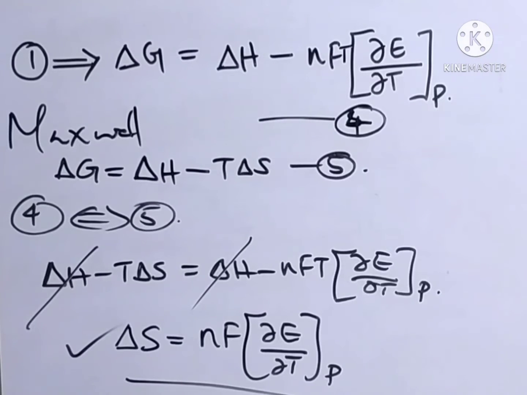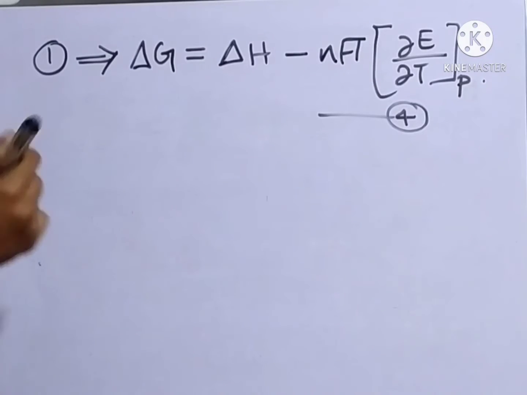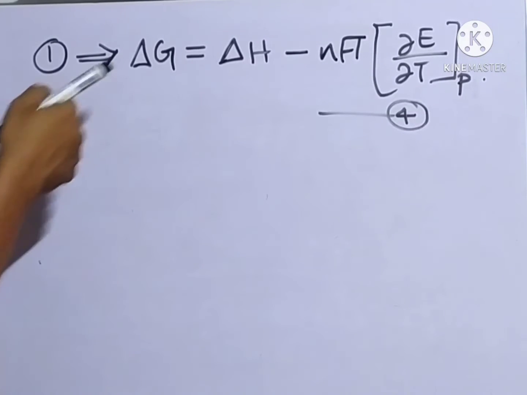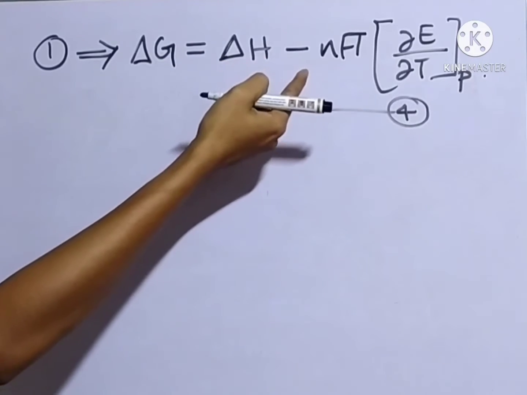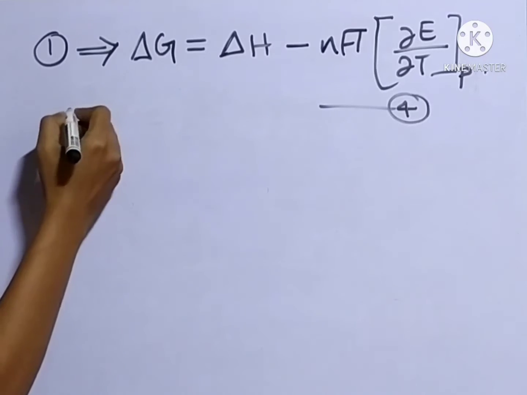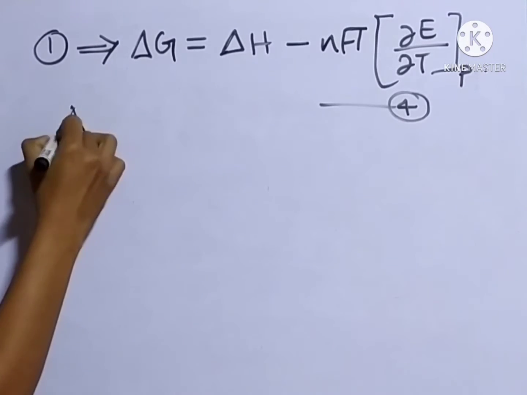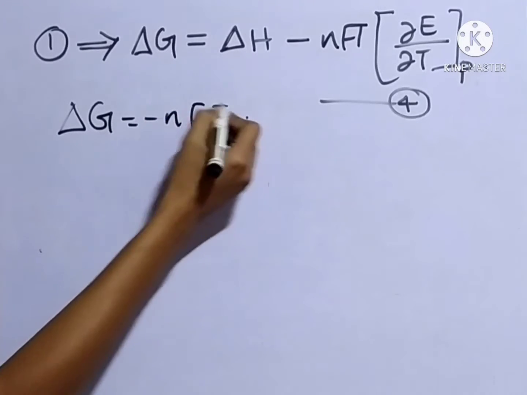Now we can represent the enthalpy in terms of EMF. Enthalpy in terms of EMF can be derived from the equation delta G equals delta H minus NFT dou E divided by dou T at constant pressure, and the equation delta G equals minus NFE.